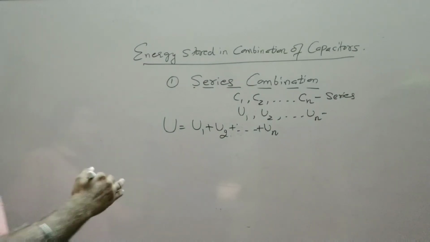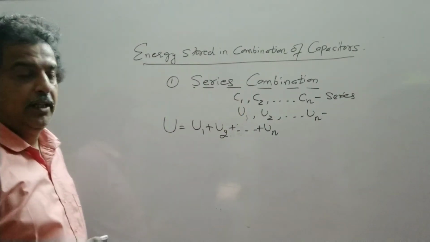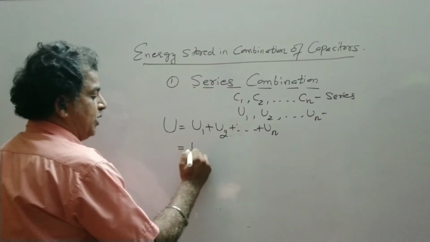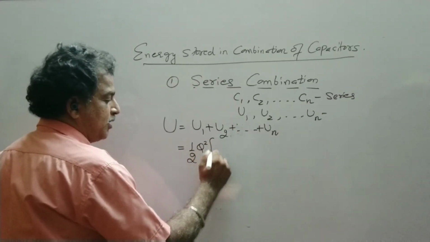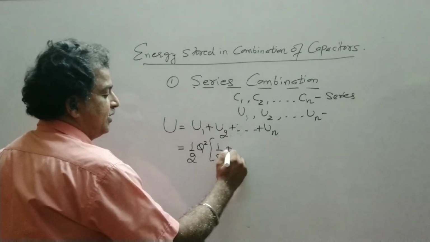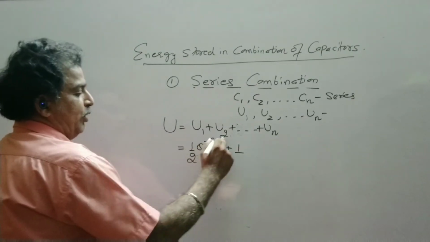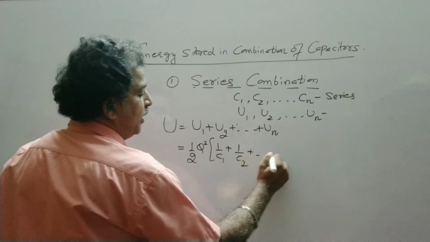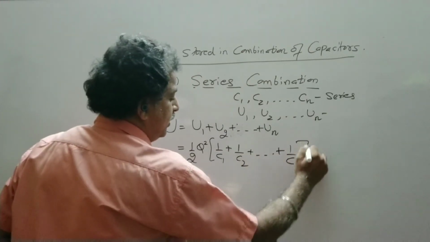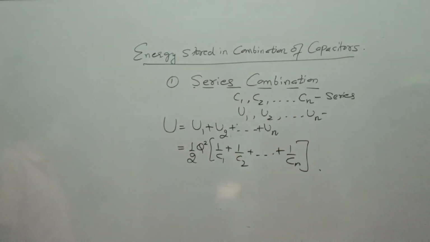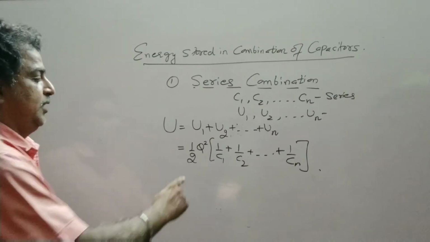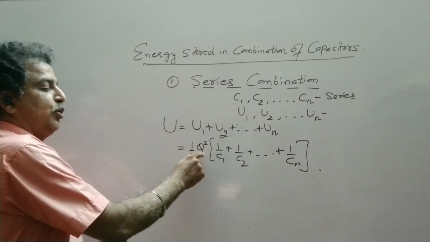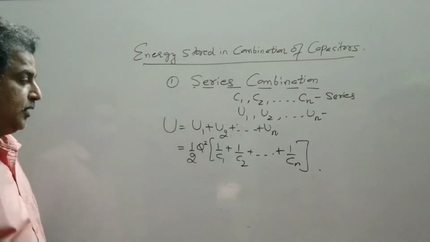Now since the charge on each capacitor remains the same, I will be using the formula half Q squared by C. So Q squared is taken as common: half Q squared times 1 upon C1 plus 1 upon C2 plus ... 1 upon Cn. So this is the total energy stored in the series combination of capacitors. It will be easier to use this formula because Q is constant.